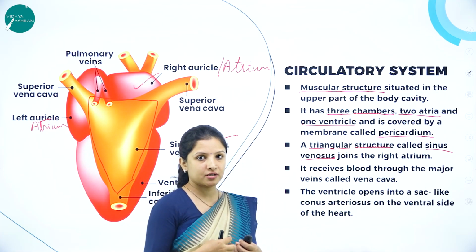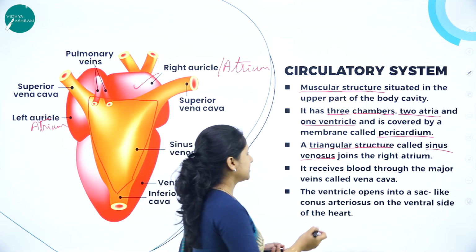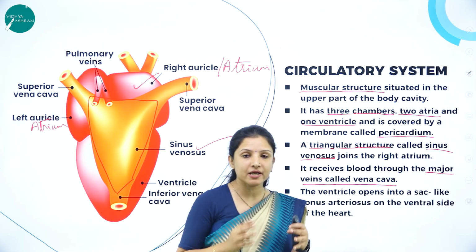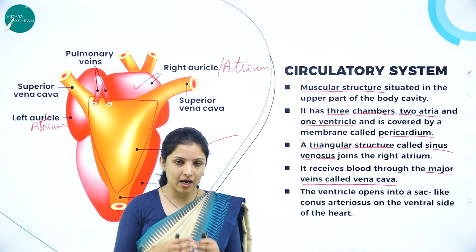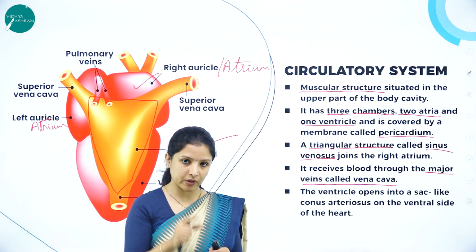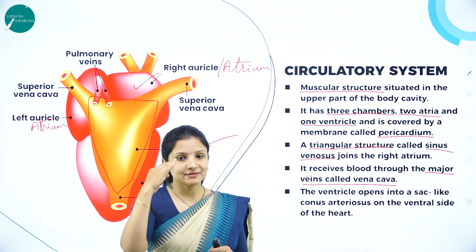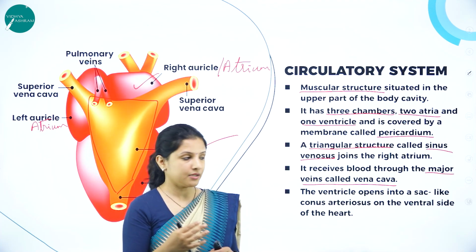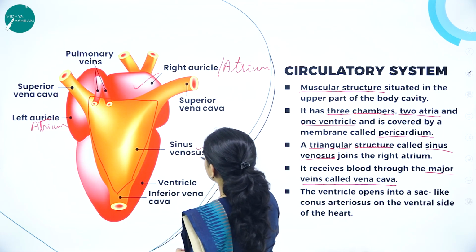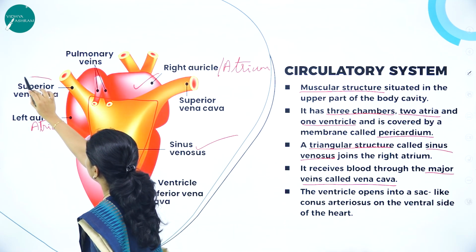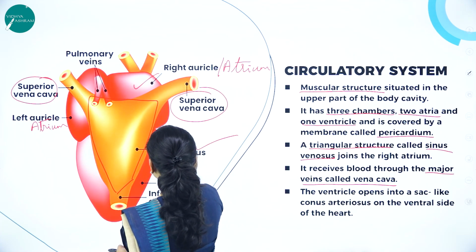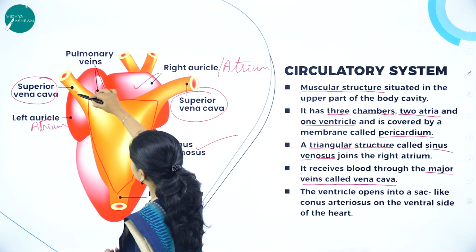And its main function is to receive blood through the major vein which is called the vena cava. So which is the major vein that is present in the heart of the frog? It is the vena cava. So the function of the sinus venosus is to receive blood through the major veins called the vena cava.